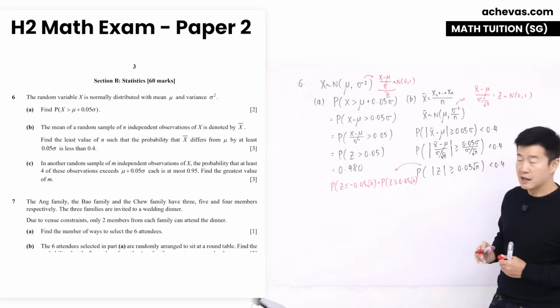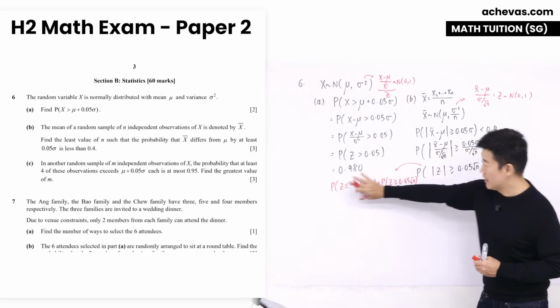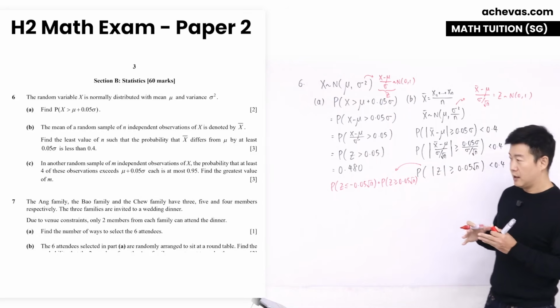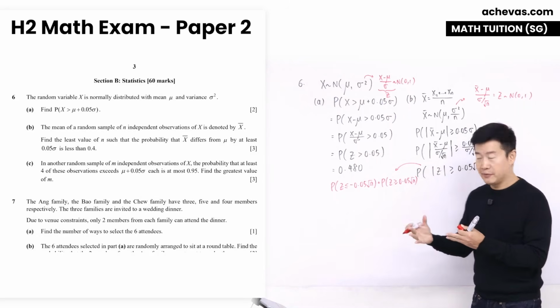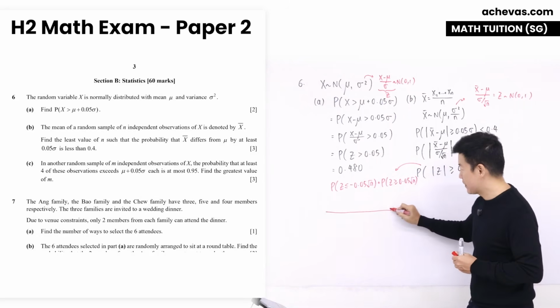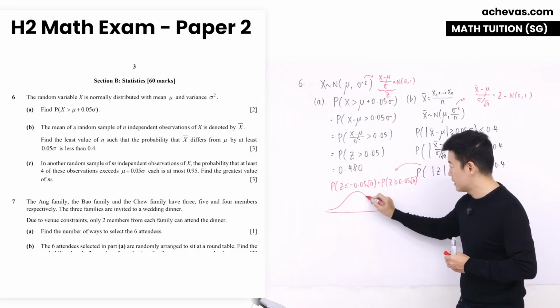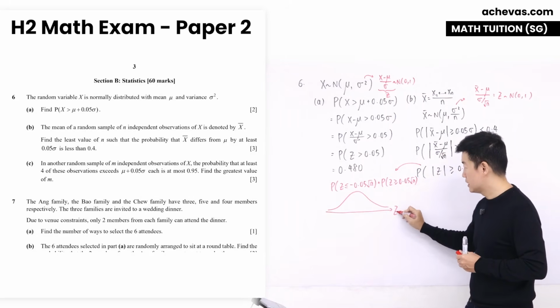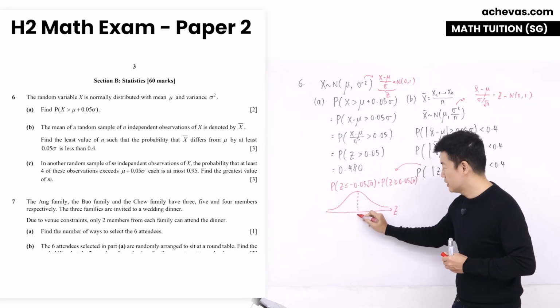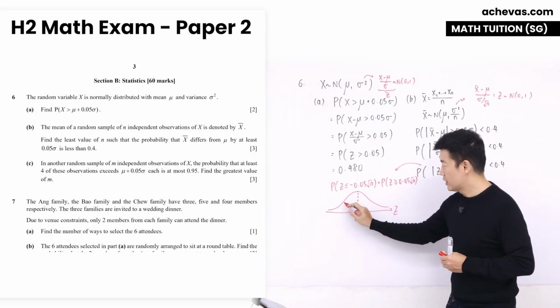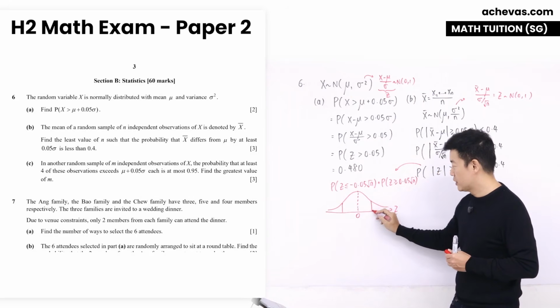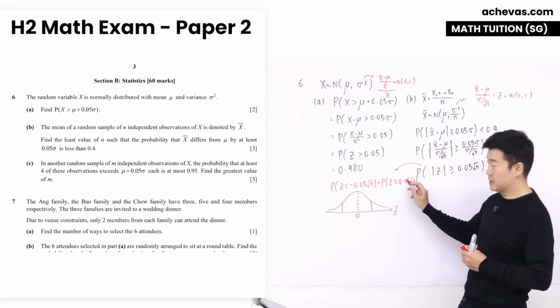square root of n. And if I were to imagine this on the bell curve, then what we are going to be expecting, the bell curve for z, the middle here is going to be 0. We are looking at the region that is on the left-hand side of this number, and also the region that is on the right-hand side of this positive number.